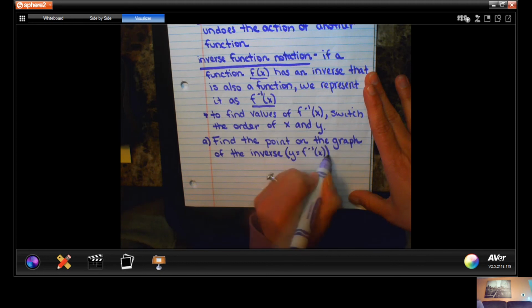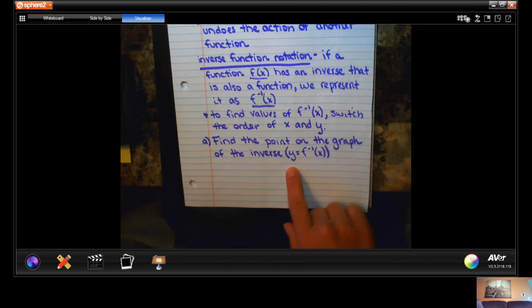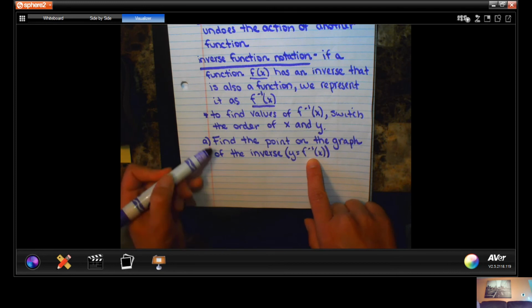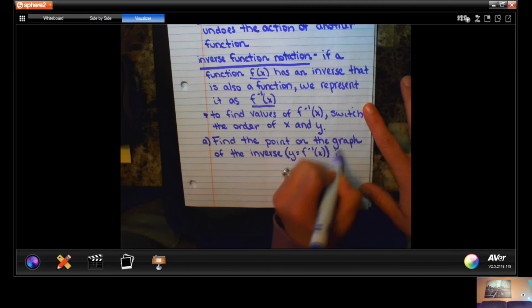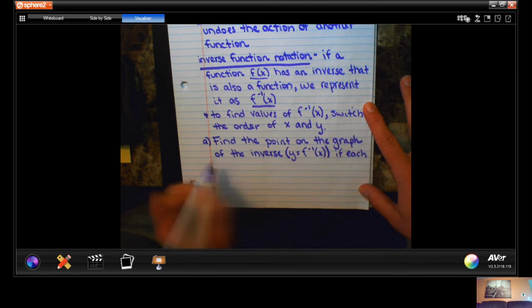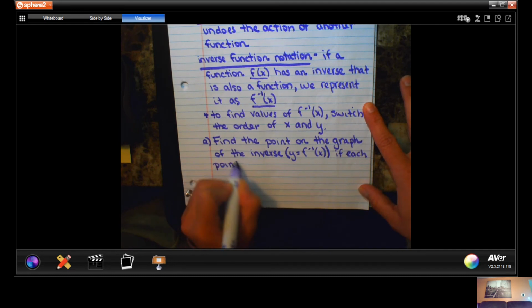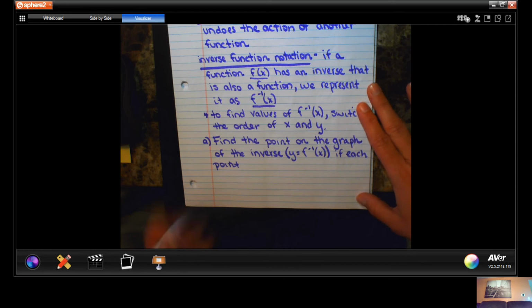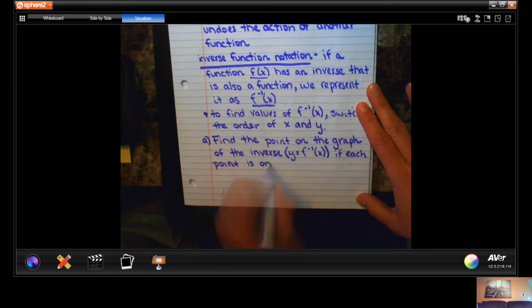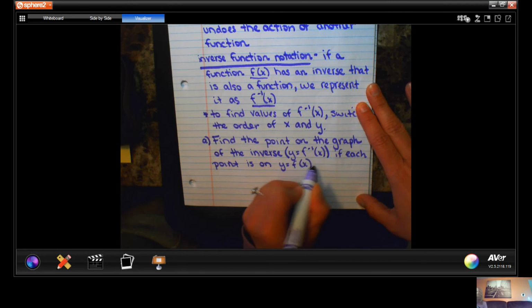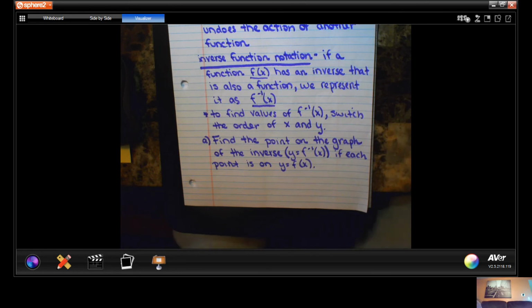Because when we're talking about graphs, we always start with y equals, and we're referring to the inverse function. So find the point on the graph of the inverse if each point is on y equals f of x. A lot to write, I know, but I'm going to get into some examples.